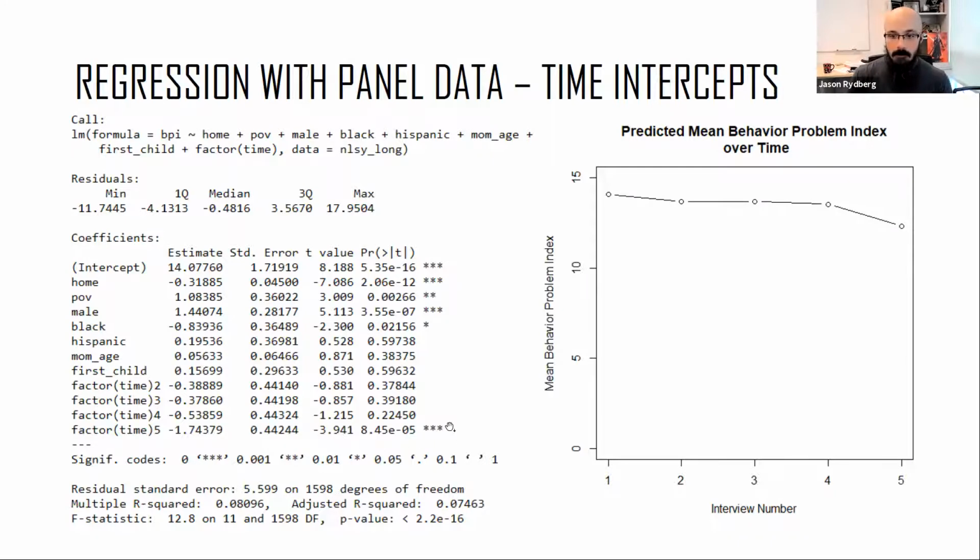And what we see from these estimates, it was pointed out that this is our mean behavioral problem index at time 0, or at least, because it's a factor, it's the first time point. Yeah, if this was numeric, that would be a problem, but it's categorical. So whatever the first time point is, time 1, that is the mean behavioral problem index when all other X are also equal to 0.